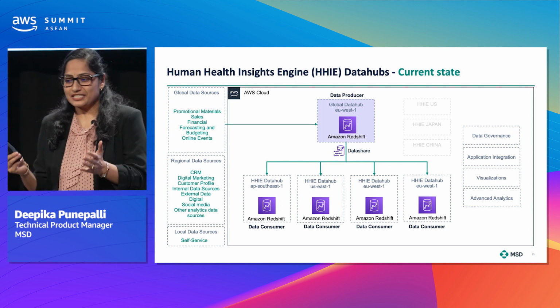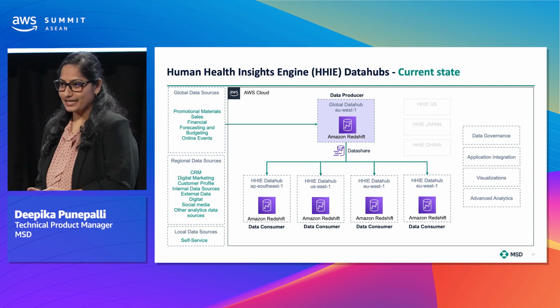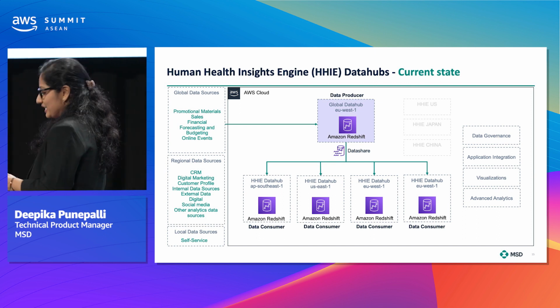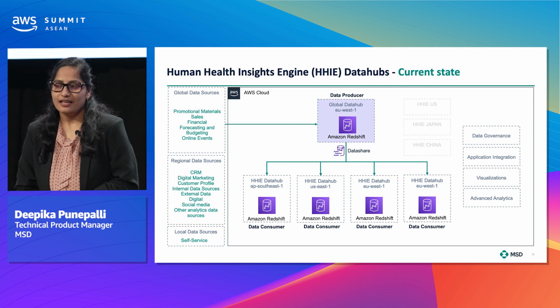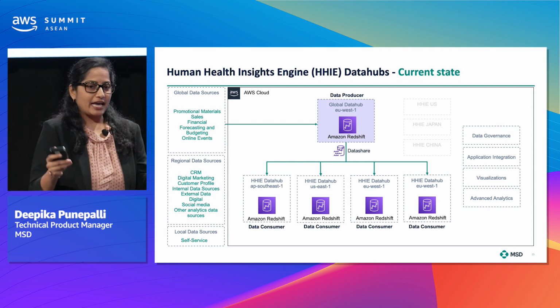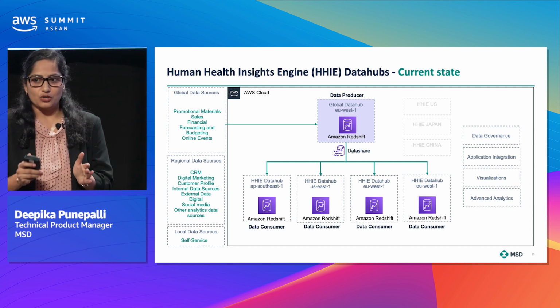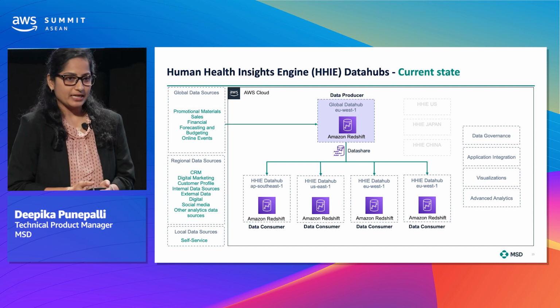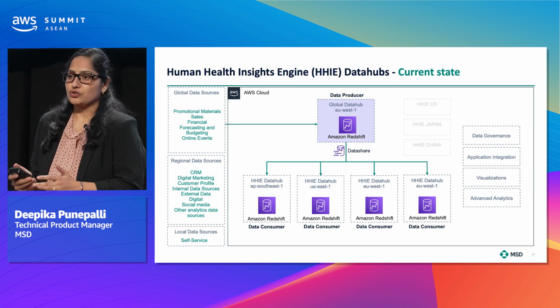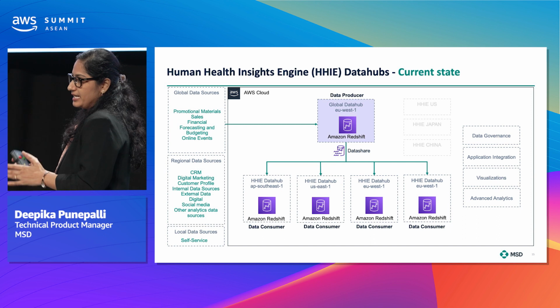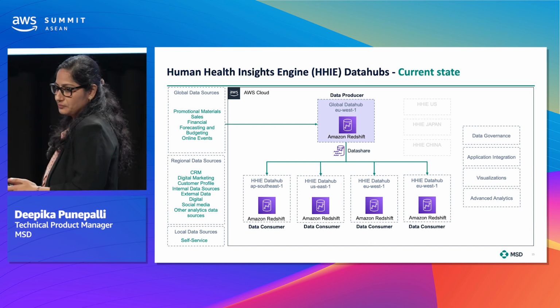So to achieve this global and regional integration pattern, we have primarily leveraged a built-in feature of Amazon Redshift data sharing. Together with data sharing, we have also used other AWS services such as AWS Glue for all our ETL requirements and Amazon S3 for storage and backbone, and other supporting services such as Lambda, SQS, SNS and others.